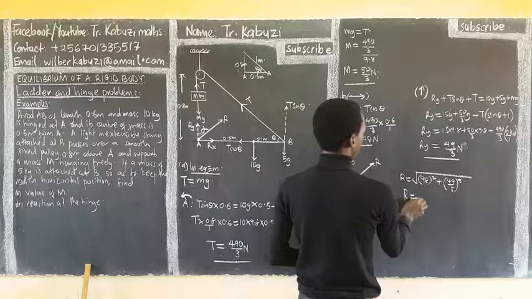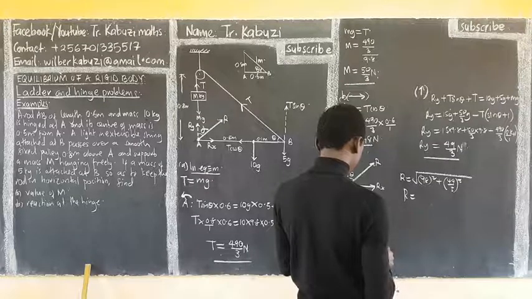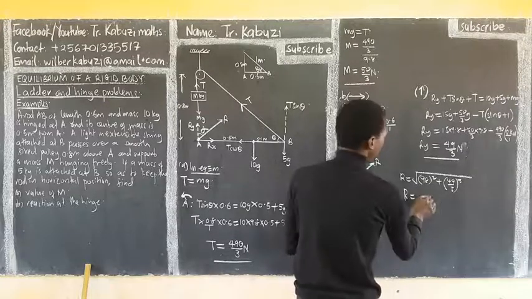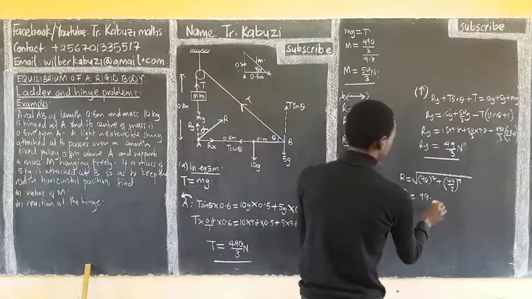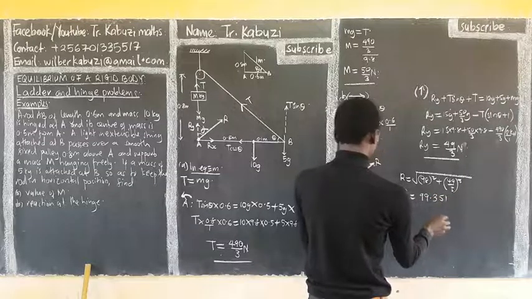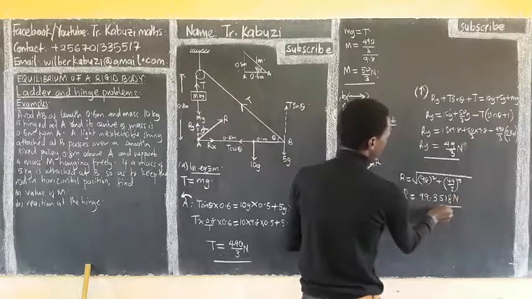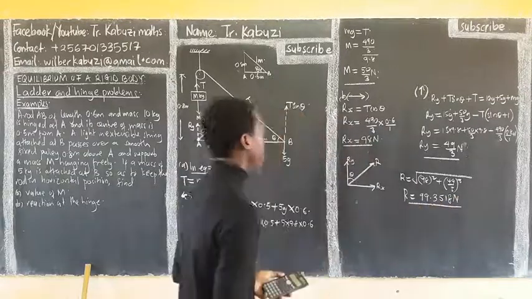So our R from there is going to be 99.351 newtons. So that's my R there.